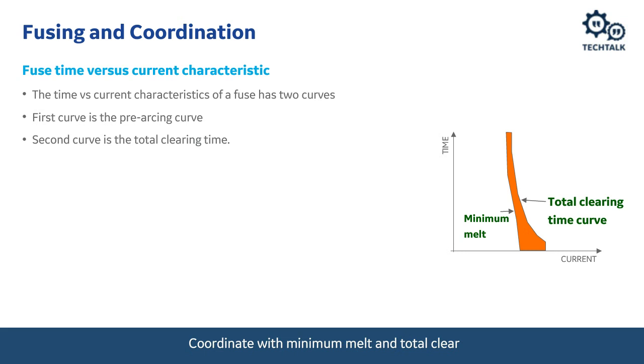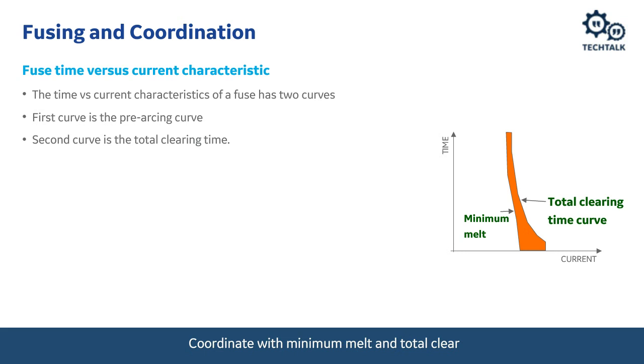The minimum melt is the time for the fuse to be damaged and start to melt. The total clear time is the time for the fault current to be totally cleared by the fuse and the fuse barrel.